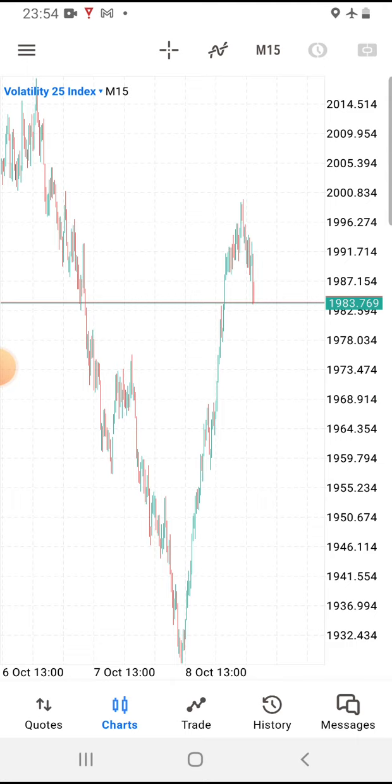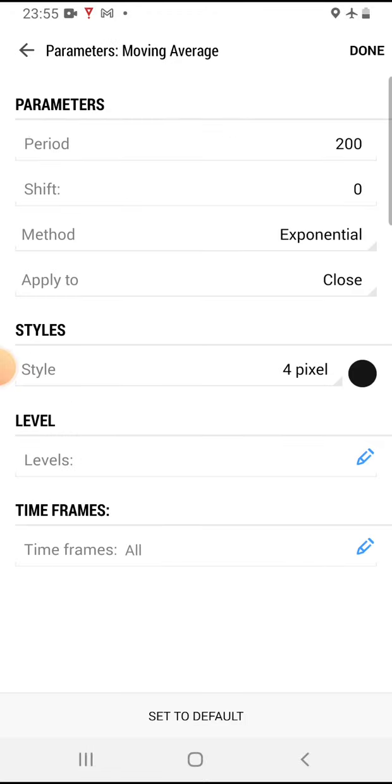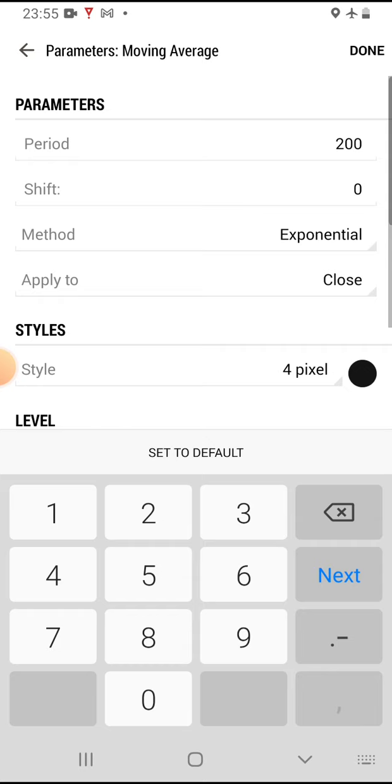So this is a trend catching strategy, and the first indicator that you're going to need is an EMA 60. This EMA 60, so we're talking about a moving average. So the first indicator that I need is a moving average. I'm just going to change the properties for this moving average. We're going to need it to be 60.